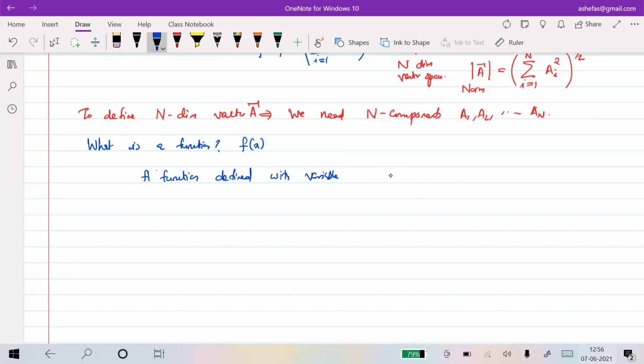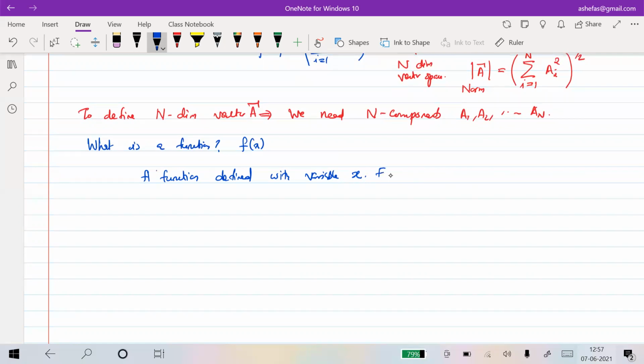Again, the variable can be more than one. It is not required that only one variable is present, and it is not required that the variable be a scalar. The variable need not be real; it can be complex. For the time being we are representing only a single variable x.